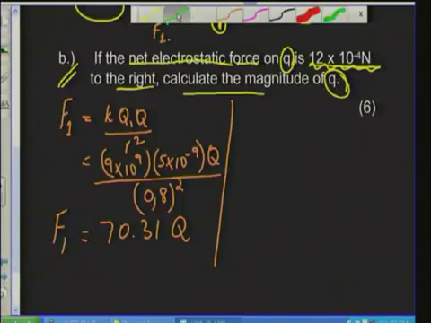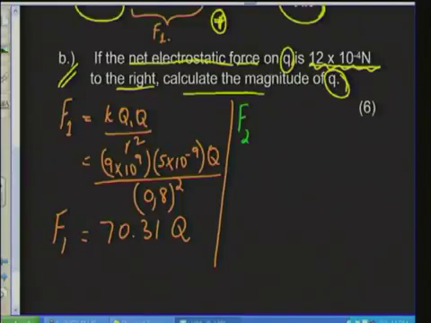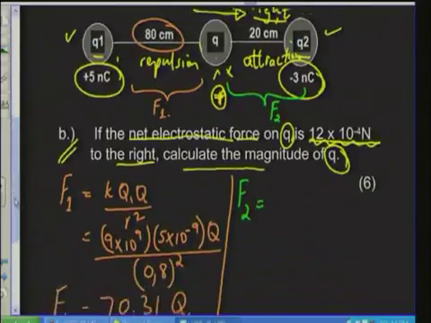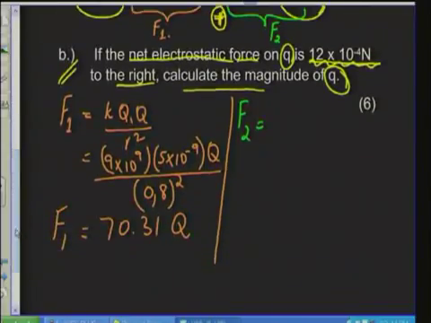Now, F2 is the force here between Q2 and Q. That will be F2. In the same way, it will be K, Q2, Q, over r squared.